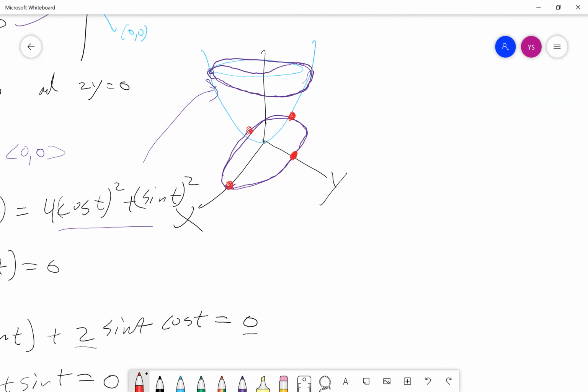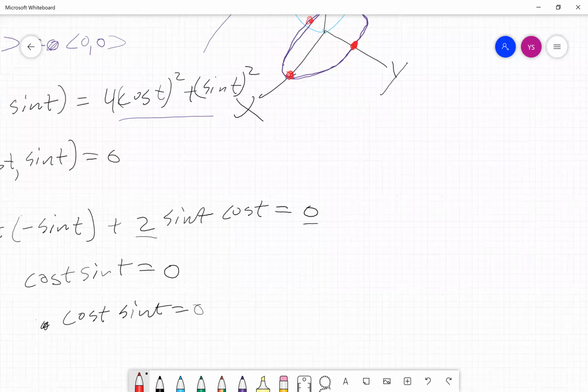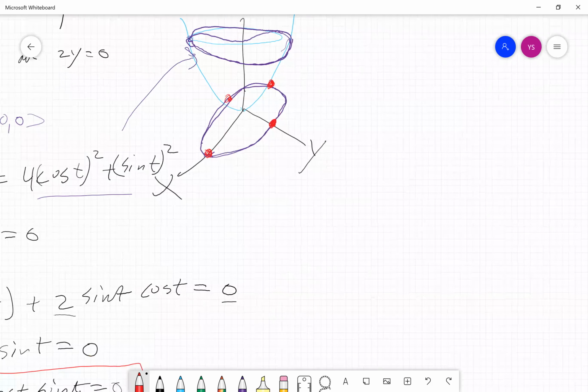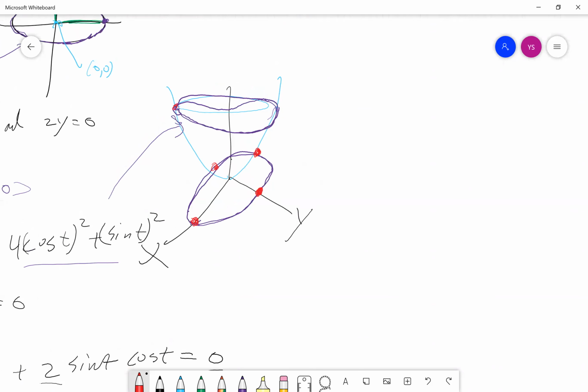And this point here, where cosine is 1 and sine is 0. Those are the 4 points that make this equal to 0. And that makes sense. This point corresponds to some maximum, this point also corresponds to some maximum, and these points correspond to these 2 minimums. Does that make sense? Any questions?